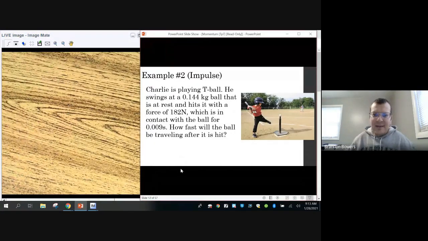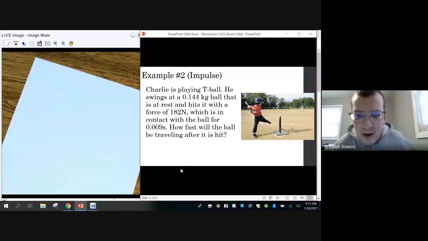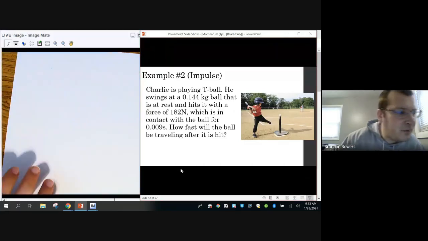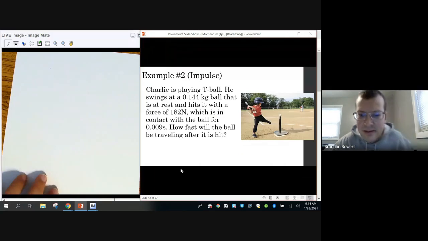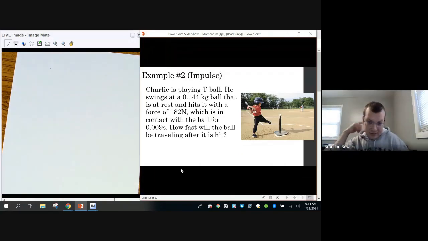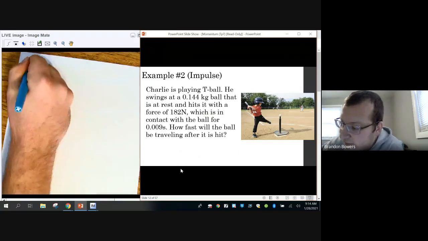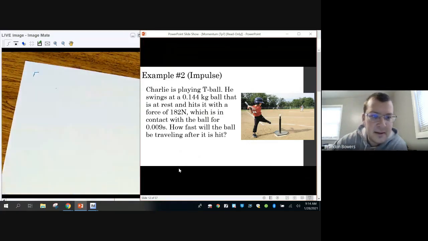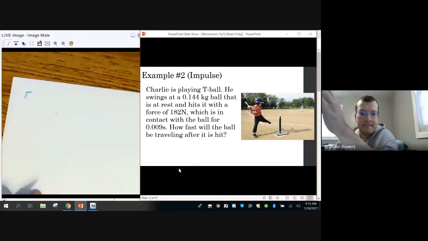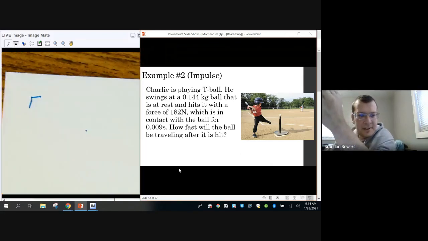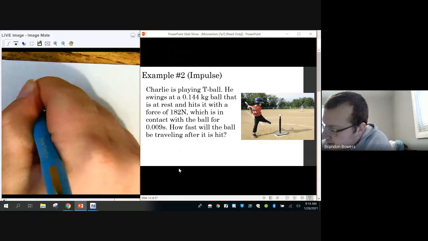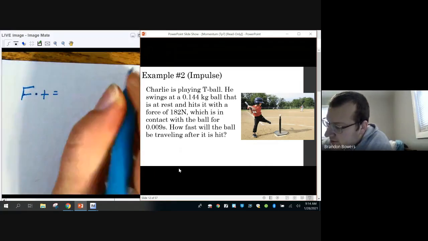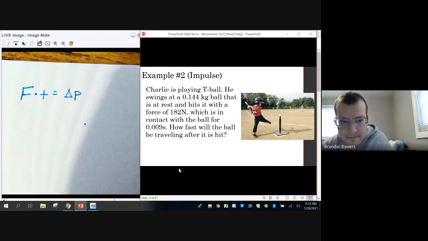He swings at a 0.144 kilogram ball that is at rest and hits it with a force of 182 newtons, which is in contact with the ball for 0.009 seconds. How fast is the ball traveling after it is hit? Well, our impulse equation is force times time is equal to the change in momentum.